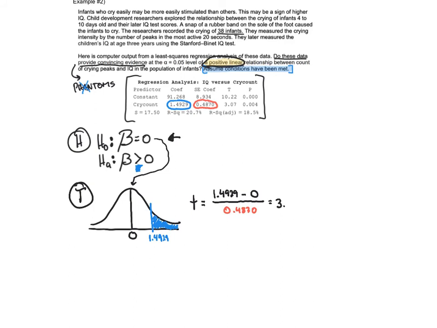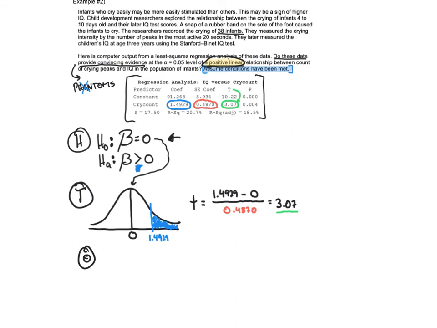Otherwise, I know it's going to be 3.07. How do I know? Because right here, they say the T value should be 3.07. Let's verify, though. 1.4929 divided by 0.4870. Oh, 3.07. It is, if I round it. So I just showed my T value.